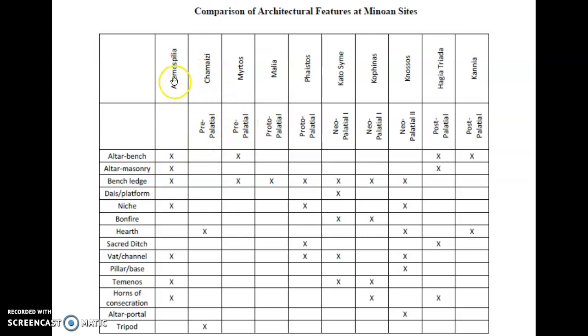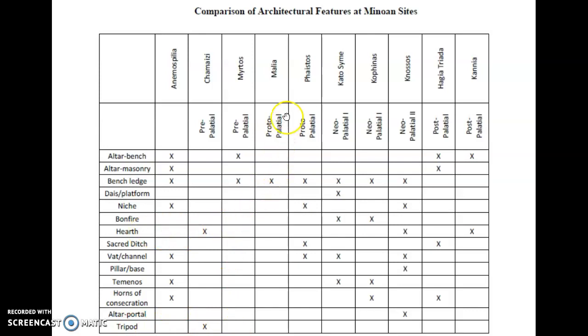And so we don't yet have a date for the Anemospilia site, but we have a date for all of these other sites. So we can think, right, what do the architectural features at Anemospilia most closely represent? Do they most closely represent this pre-palatial period? Well, not really, because none of these things correspond to what's happening in Anemospilia.